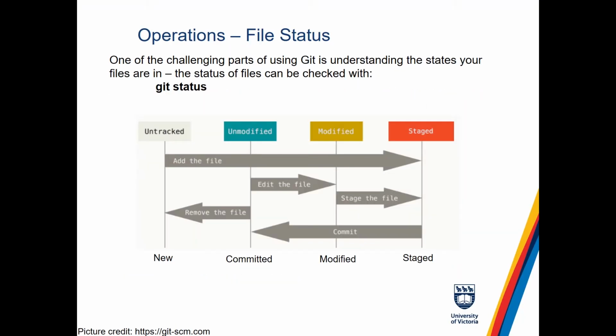One thing to note is that on top of the 3 stages of the Git repository, your files can also be in 4 different states. The git status will actually tell you about these states. Here's a little diagram that can help you remember what you need to do for each position.